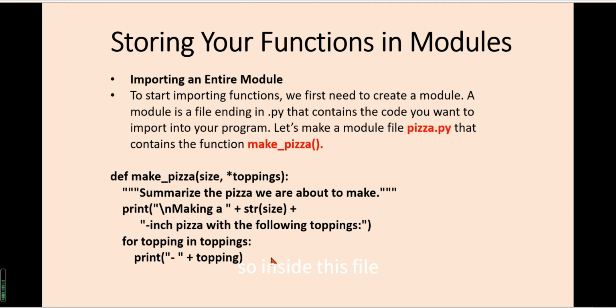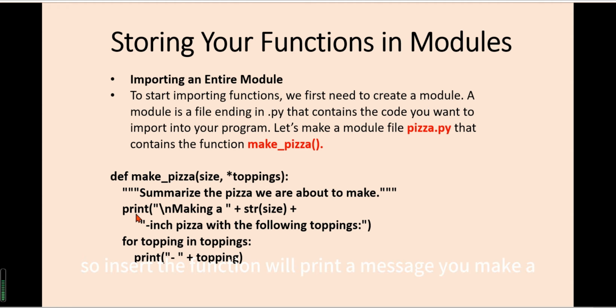Inside this file, we create a function called make_pizza, and the statements are actually the same as in the previous lectures. We make a function with a positional argument parameter needed, then an arbitrary number of arguments, which we put into this tuple when the function is being called.